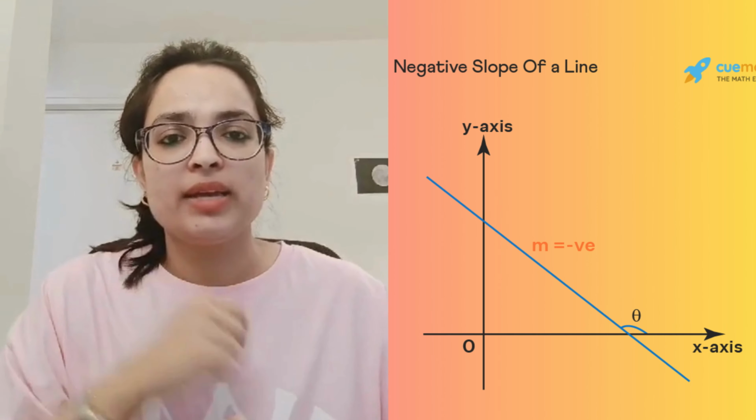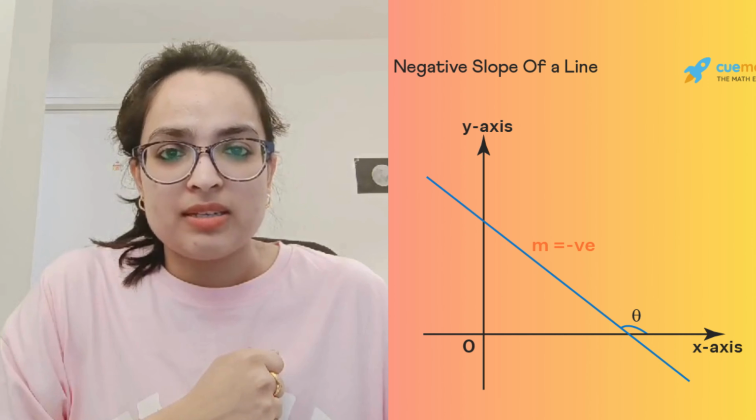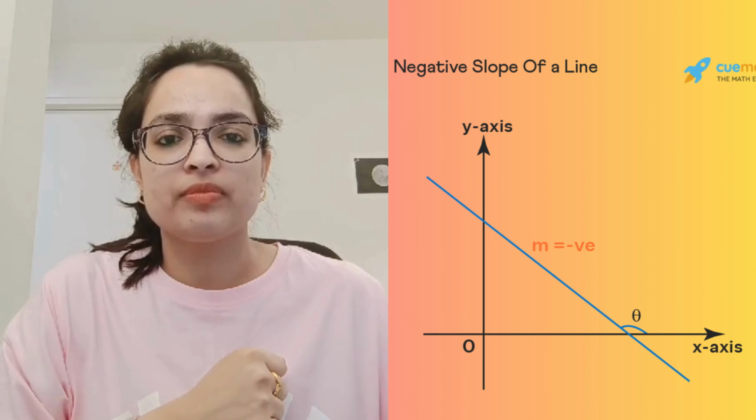Now, talking about negative slopes. A negative slope is the slope of a line which is going downwards, tilted downwards. So as you can see in this diagram, the line is tilted downwards. Therefore, the slope is negative.